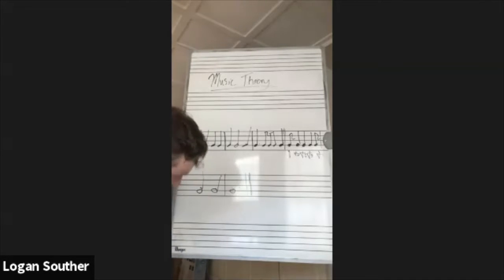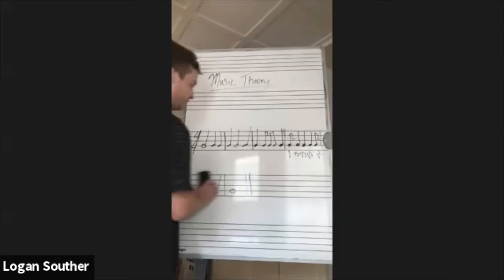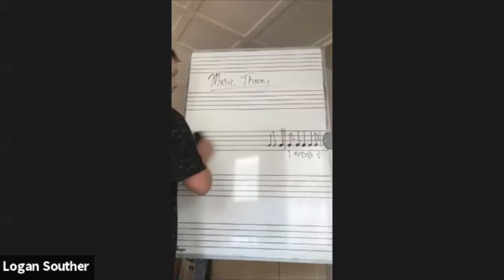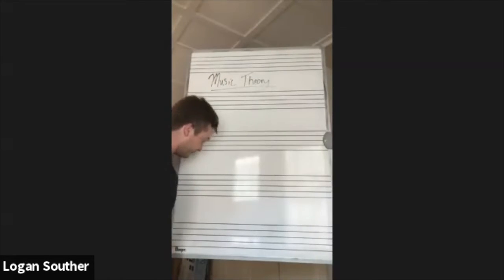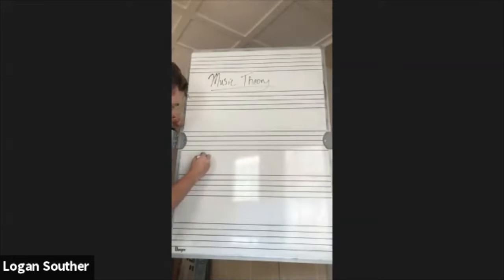All right, so let's go ahead and start getting into some of the meatier things that we did last week, such as the major scale. Last week we started with this very popular scale to begin studying.